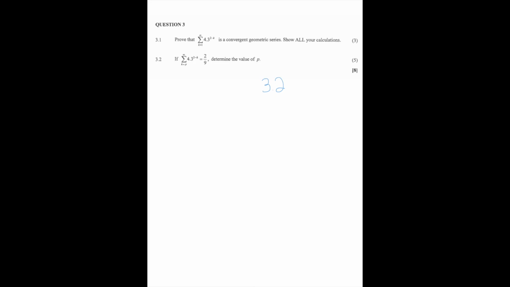Using our summation formulas, we know that we can calculate the value a equals 4 times 3 to the power of 2 minus p. And we also know that r is equal to 1 over 3. We already proved it in question 3.1.